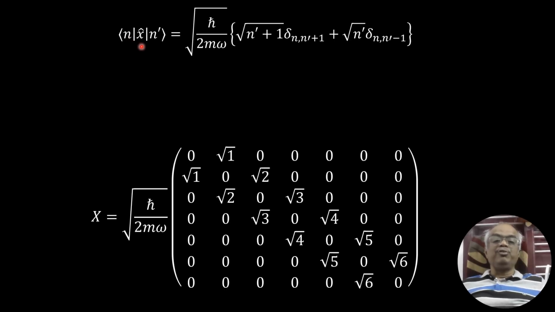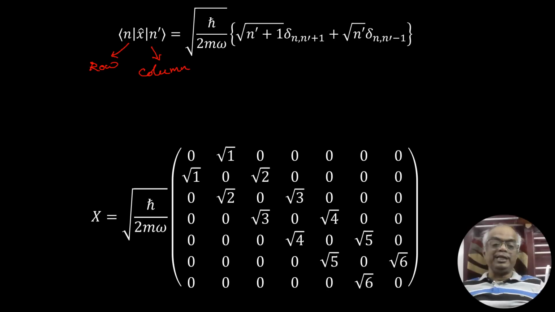Now we will form a matrix, because this is the matrix element of X. Here, according to the Dirac notation, the bra is a row vector, a row element in the matrix, and the ket is a column element. Bra vector is row and ket vector is column. Now we will spend some time here so that we can understand this.